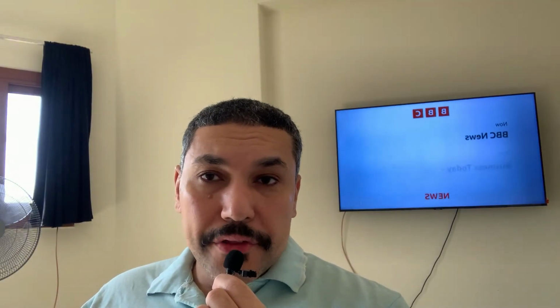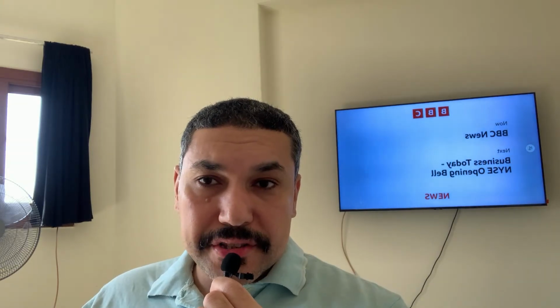And like all other modals, must, have to, and has to, they need to be followed by the infinitive of the verb. As I said in the previous lesson, this rule has no exceptions. Whenever you have a modal verb in your sentence, the verb which comes after it, and we call it the main verb, this verb must be in the infinitive, which is the verb in its raw form without adding anything to it.